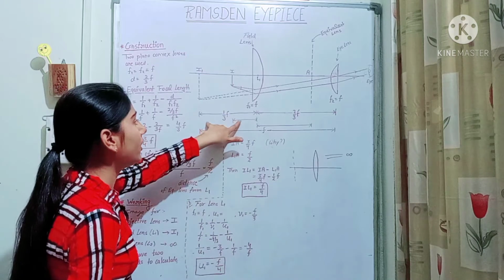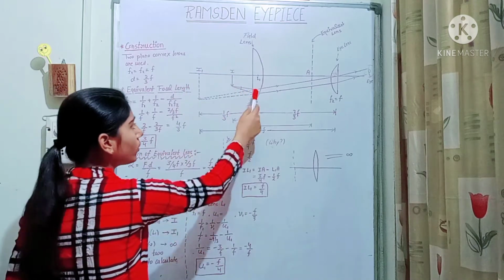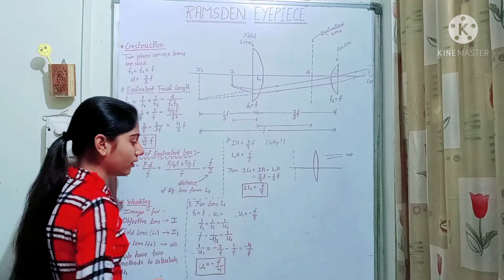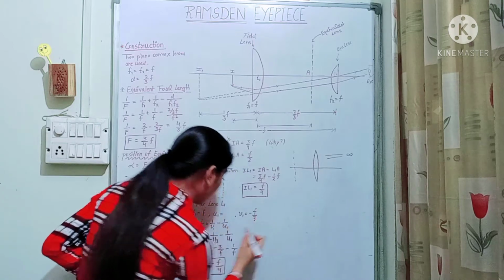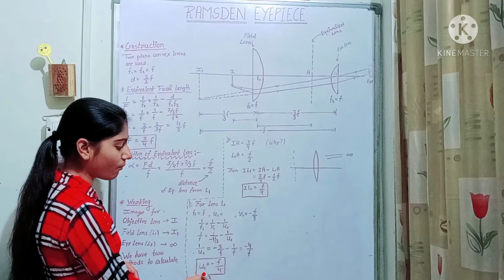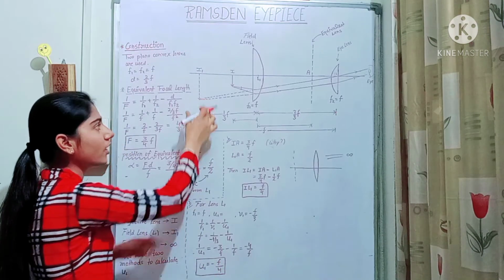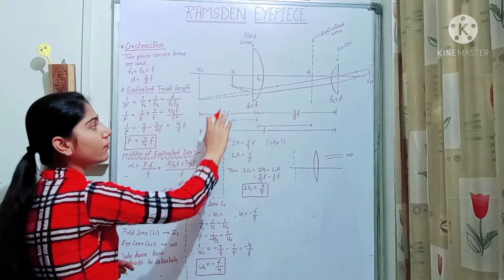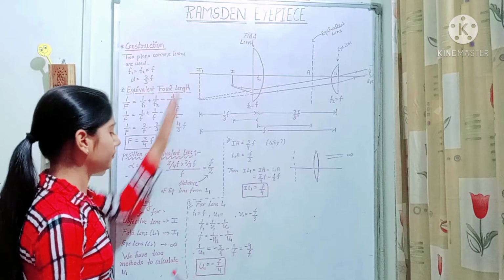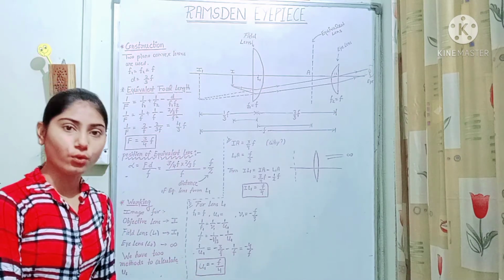Because it is on the left hand side of the field lens, opposite to the direction of propagation of the light ray. Therefore we are taking a negative sign. So using the lens formula we get U1 is equal to minus f by 4. The minus sign represents that the image is formed on the opposite side of the propagation of the light ray.